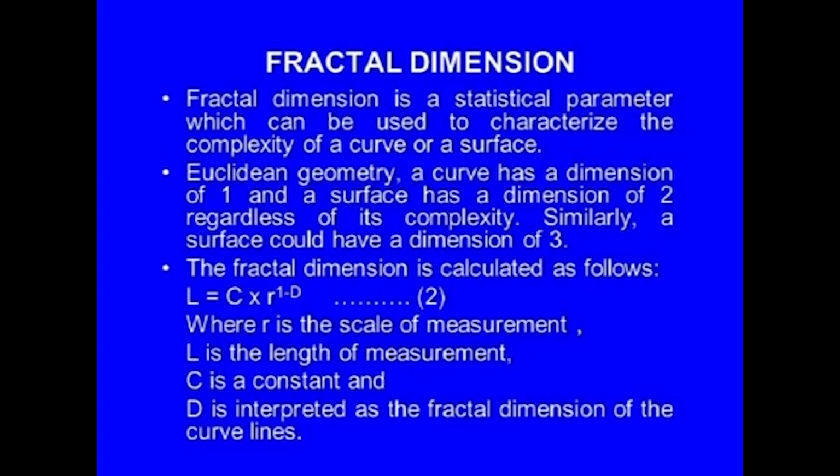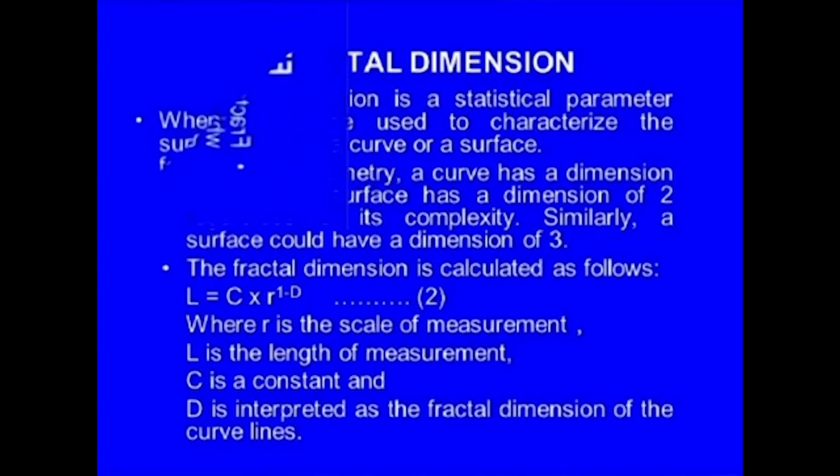The fractal dimension is calculated as follows, where L is equal to C into R to the power 1 minus D, where R is the scale of measurement, L is the length of measurement, C is a constant and D is interpreted as the fractal dimension of the curved lines.